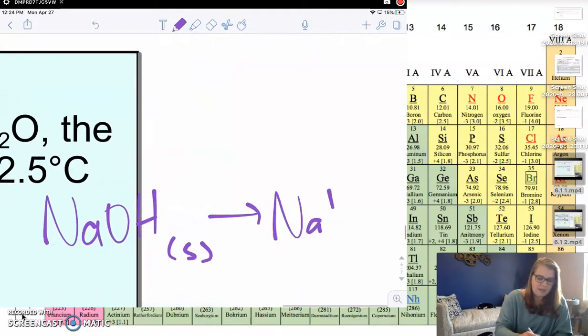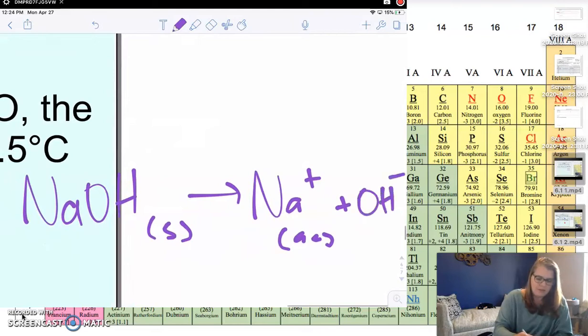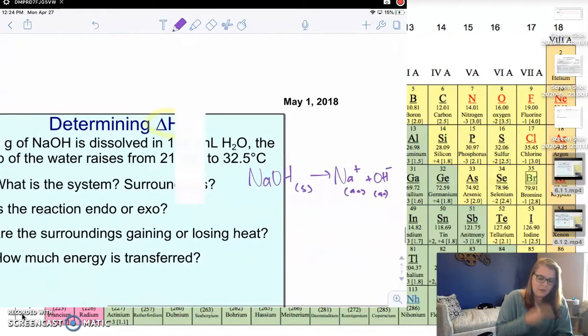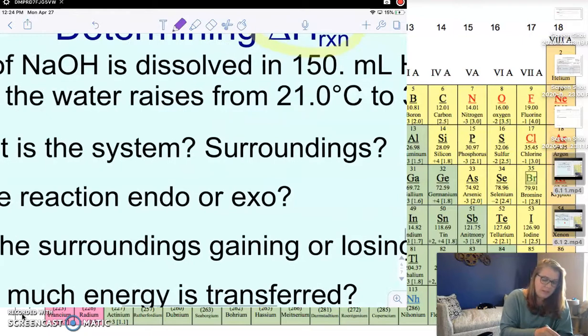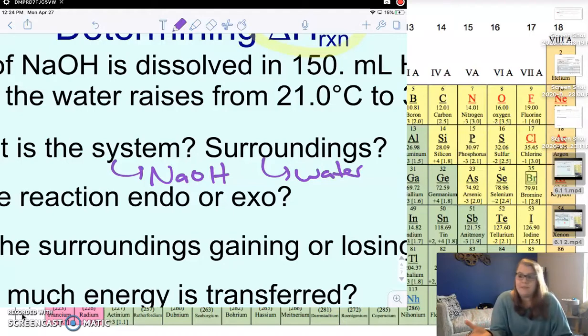It would dissociate into its ions and look something like this, and it would be aqueous because it's dissolved. So my system must be the NaOH. So that's what's actually causing the energy shift. So that means that the surroundings is the water and everything else on top of it.